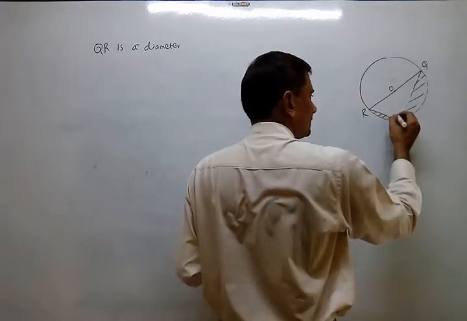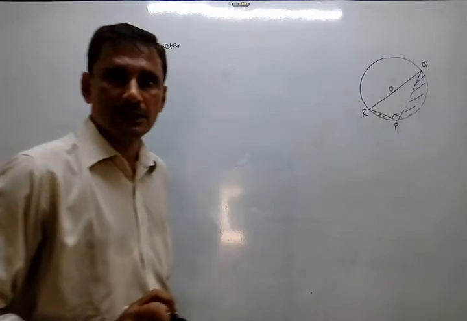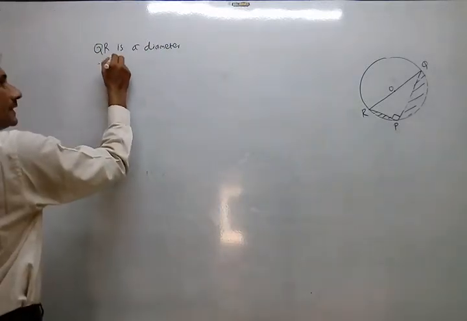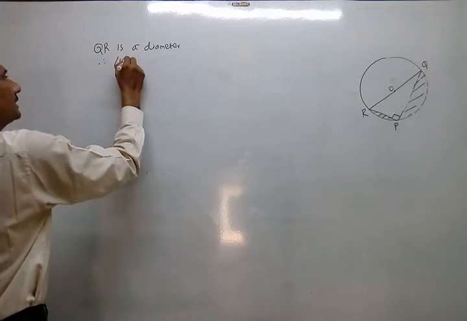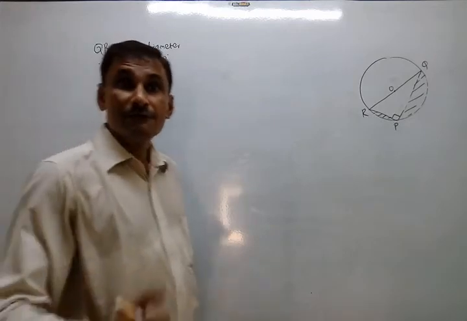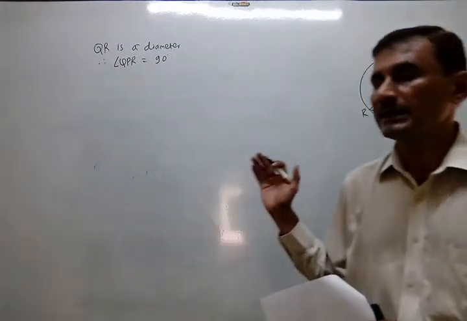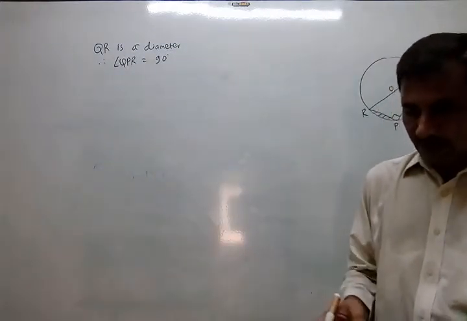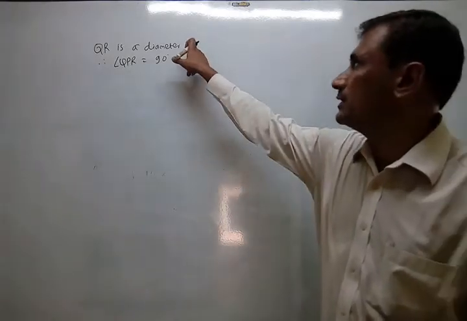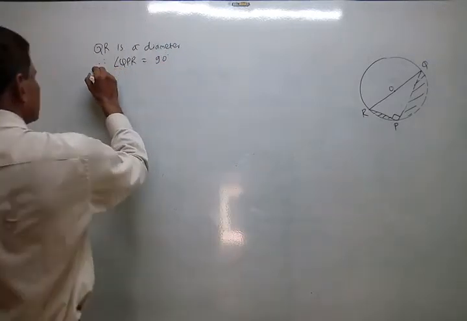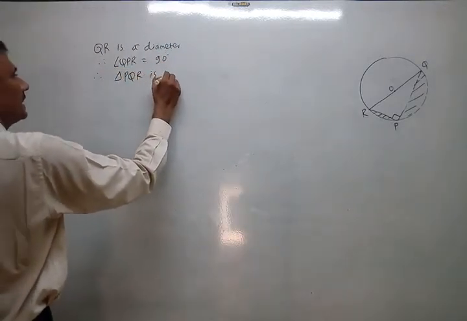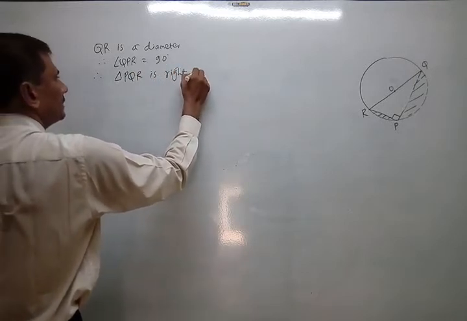So can I see here that 90 degrees is there, or a right angle is there? Therefore angle QPR equals 90 degrees. We have to derive it. That is not clearly given, even the right angle sign is not given here. That we have to make, so we have to describe it. So can I say triangle PQR is a right angle triangle.